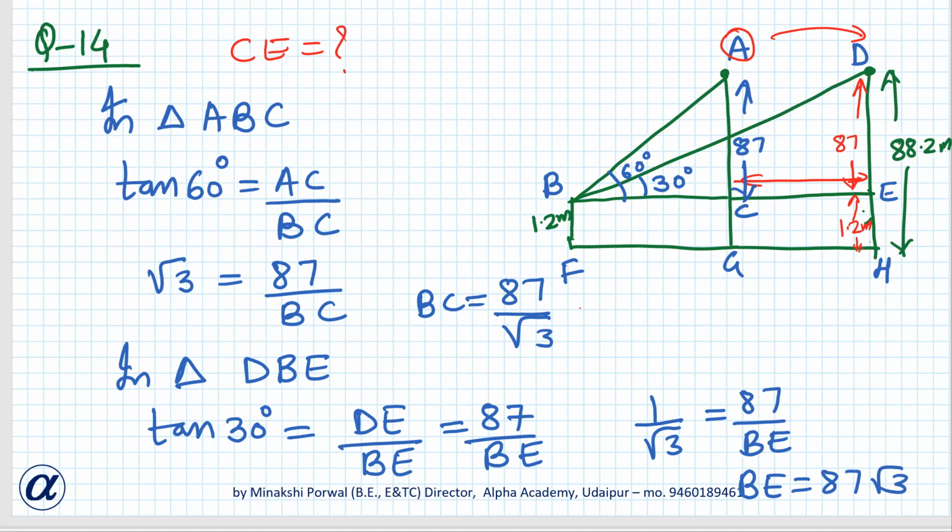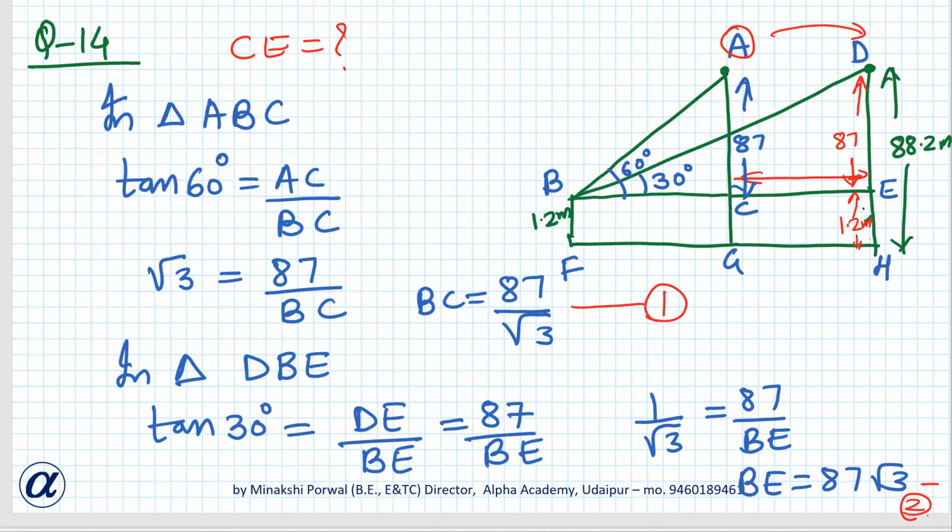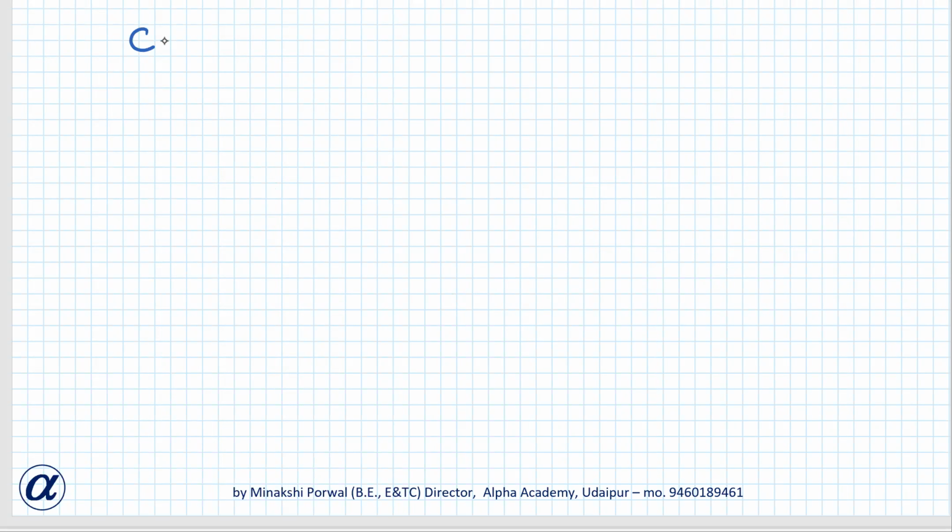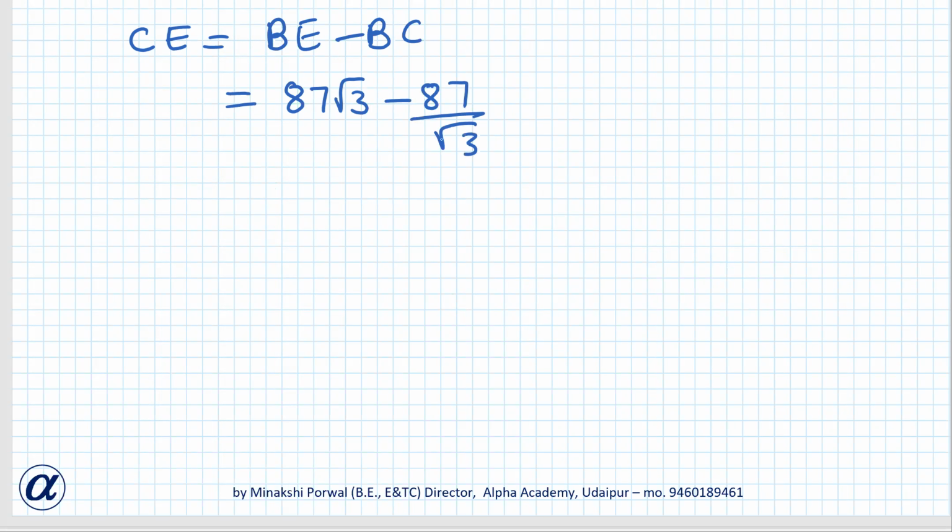Suppose this is equation 1, this is equation 2. We have to find CE. So CE is BE minus BC, and BE is 87 root 3. BC is 87 upon root 3.